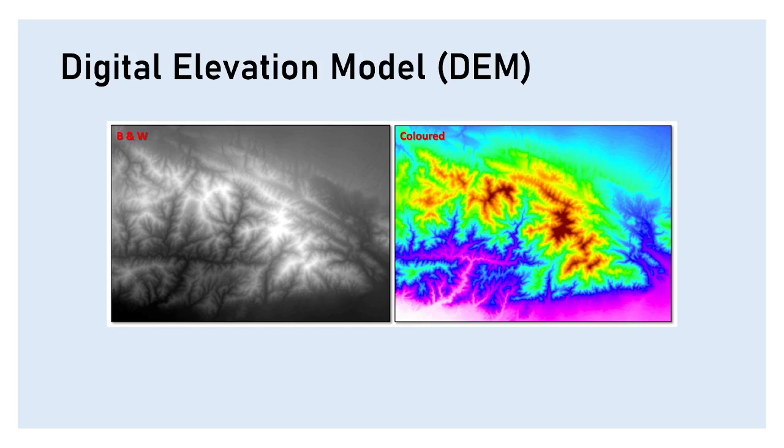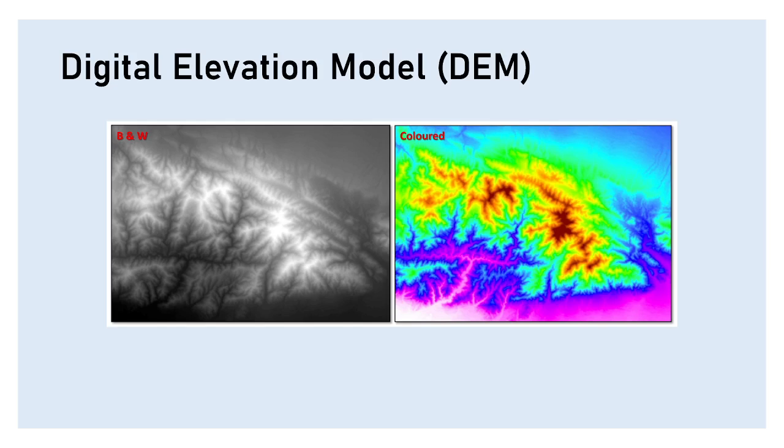You need to assign such values. For example, if it is the black and white DEM model, from white to different shades of gray to black, you assign certain values and those values will represent this entire image.